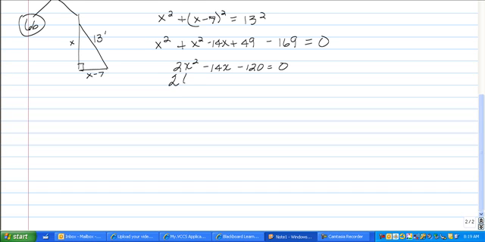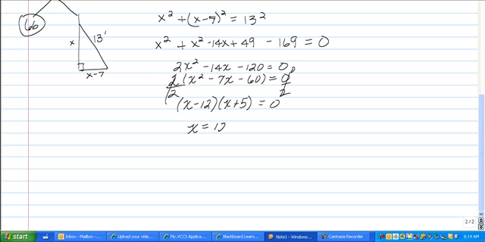And again, I'm going to factor out a 2 just to make the numbers smaller, since I can. Divide by 2 on both sides. This time I think I can factor: x minus 12 times x plus 5 equals 0. So we get x equals 12 or negative 5.